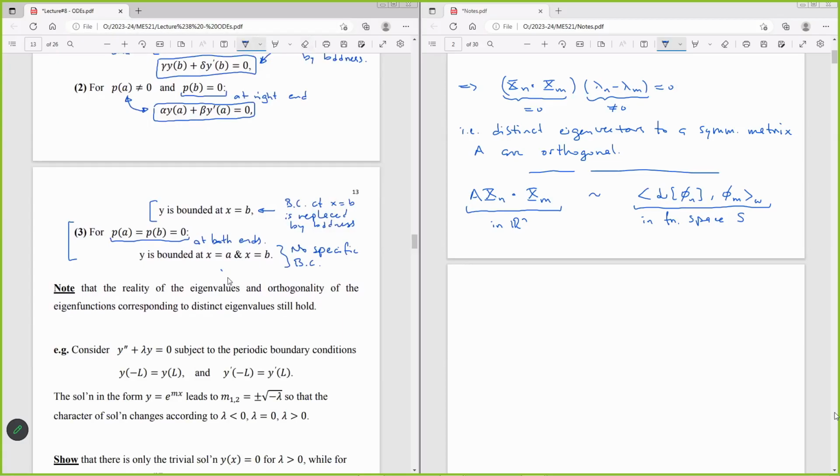Total freedom of eigenfunction representation, okay?